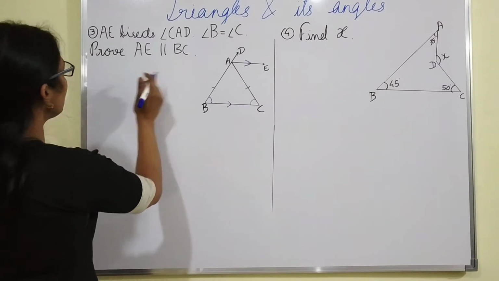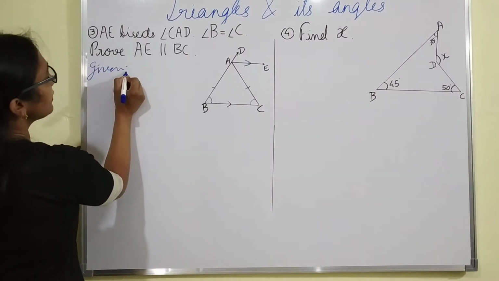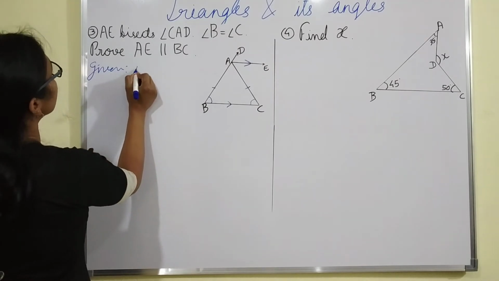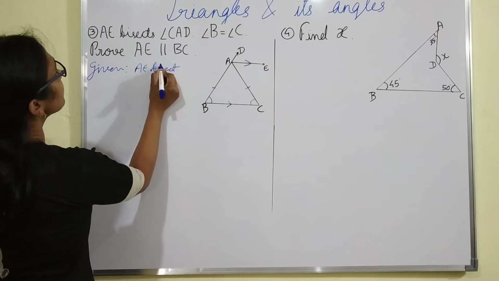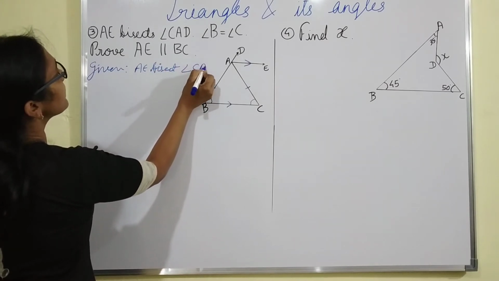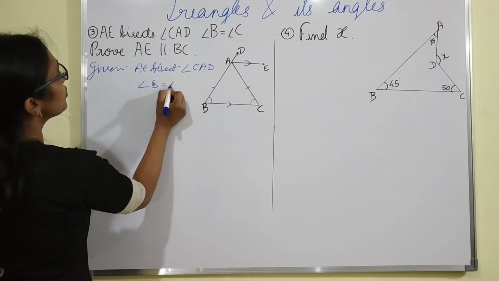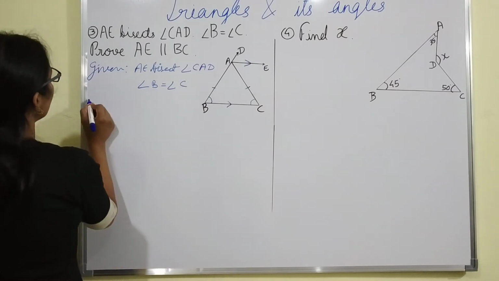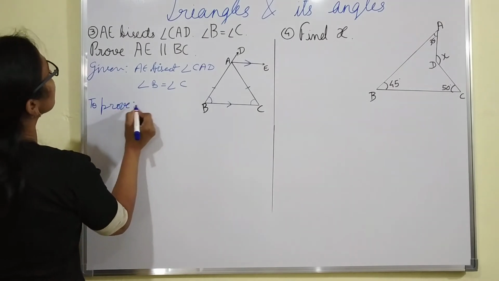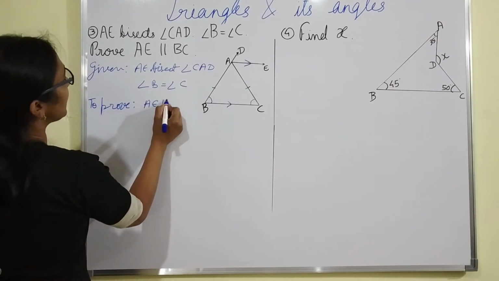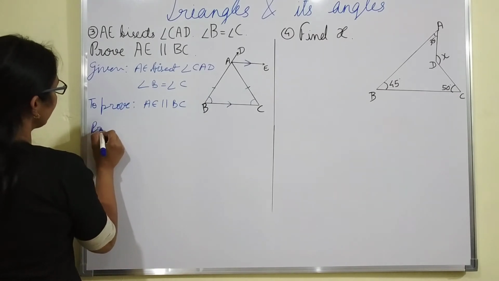Okay, so given AE bisects angle CAD, angle B equals angle C. To prove AE is parallel to BC. Okay, now proof.